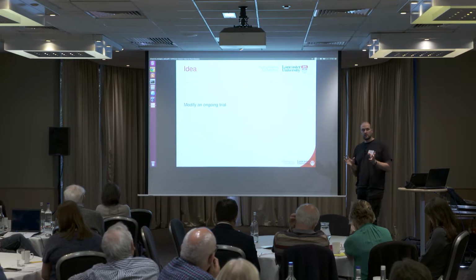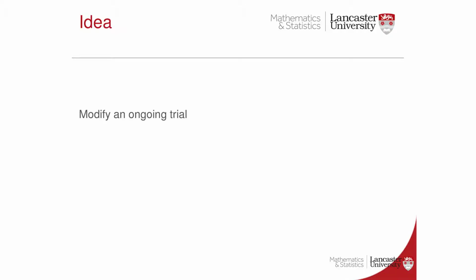So the idea is quite simple. We try to modify an ongoing trial, which, by the way, when I did my master's degree, I was told to never do that. But there you go, 20, 30 years on. We've now found methods that allow us to do that.